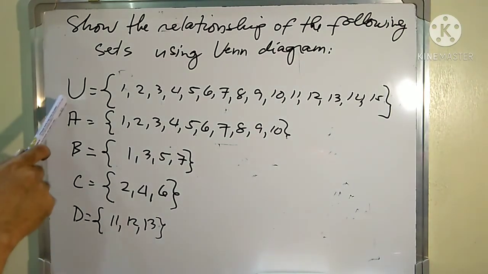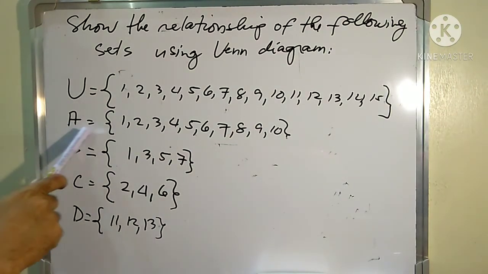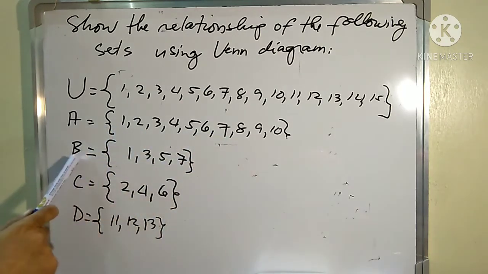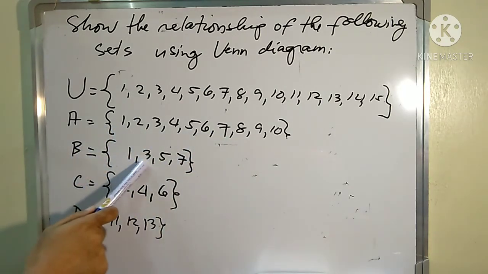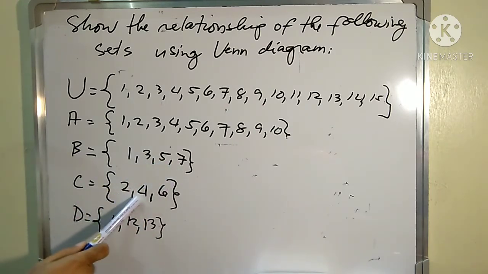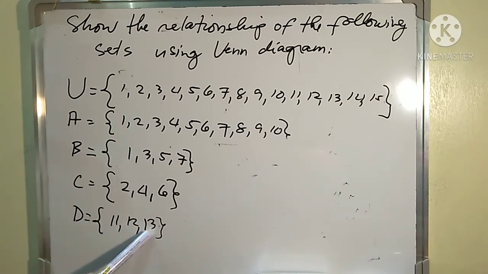And from set U we take set A whose elements are counting numbers from 1 to 10. And set B has elements 1, 3, 5, 7. Set C has elements 2, 4, and 6. Set D has elements 11, 12, 13. Now you will notice set A, B, C, and D, all of their elements are found in set U.